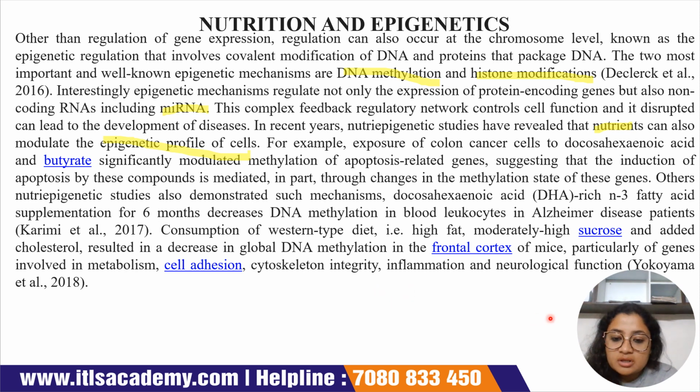This study is actually done in mice, but obviously we know that mice and humans are more than 95% genetically identical. So some study which is done in mice, it can be implied from that study that it will be also the same in case of humans.